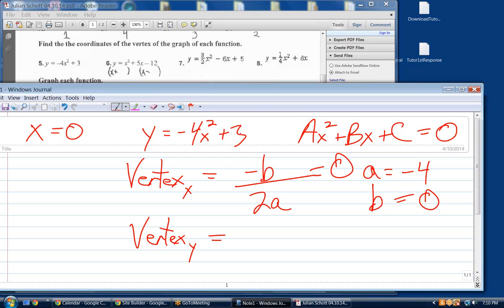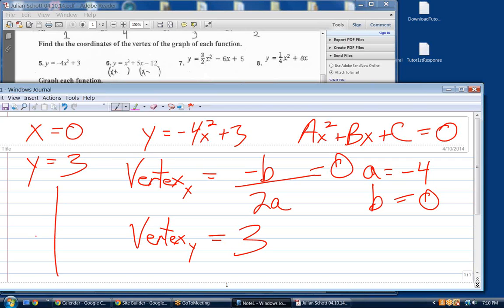Use this function right here. So you put in x equals 0. So what is y equal to when x equals 0? Positive 3. You got it. So there's your vertex right there. X equals 0, y equals 3.